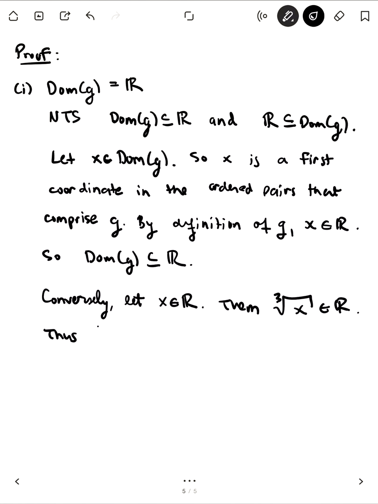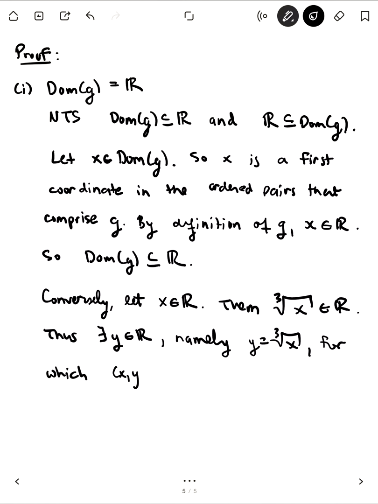Thus, there exists a y in the real numbers, namely y equals the cube root of x, for which (x,y) is in g. So x is in the domain of g. That is, the domain of g is equal to R.